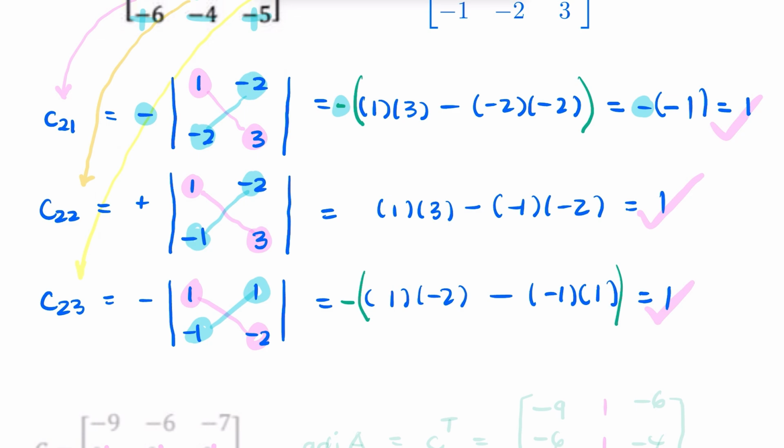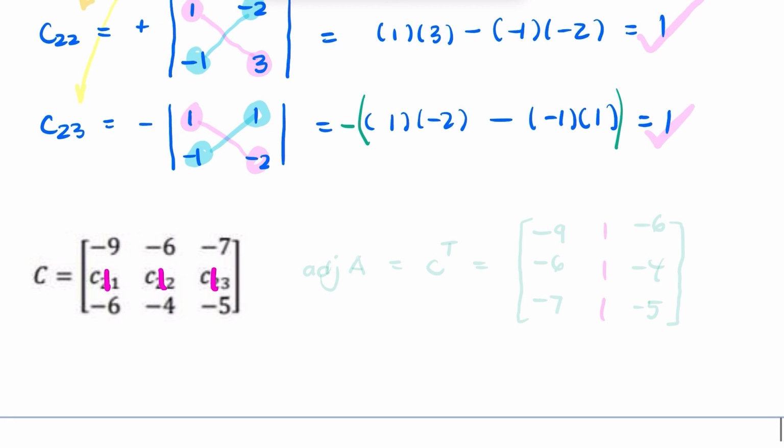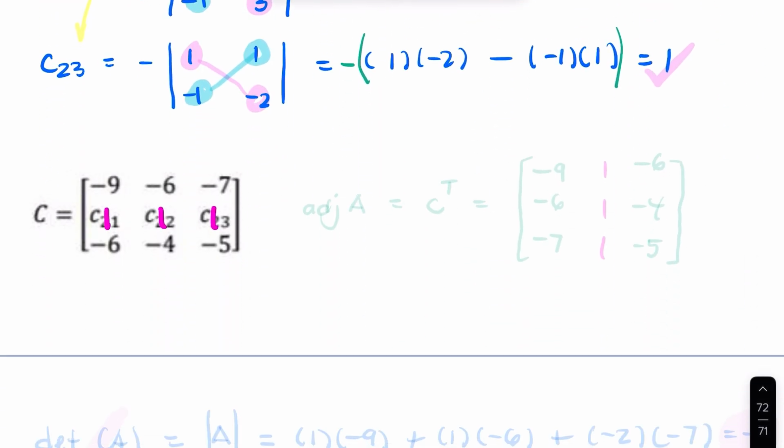So now we can rewrite our matrix of cofactors C like that, and we can replace the missing elements with 1. So all three of these elements are 1. Now, to find the inverse of A, we need the transpose of C. So what we want is something called the adjoint.